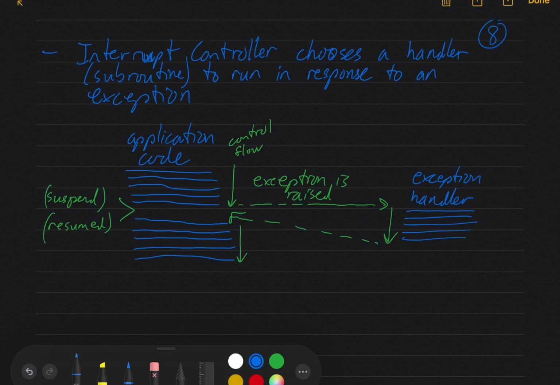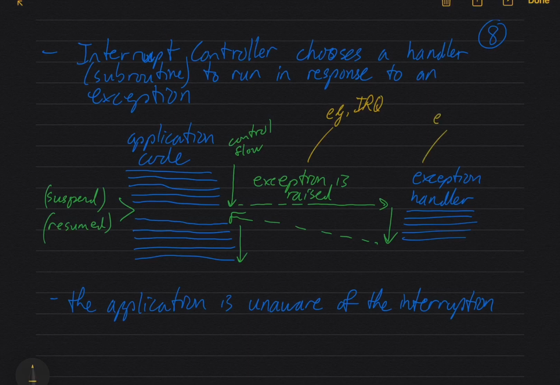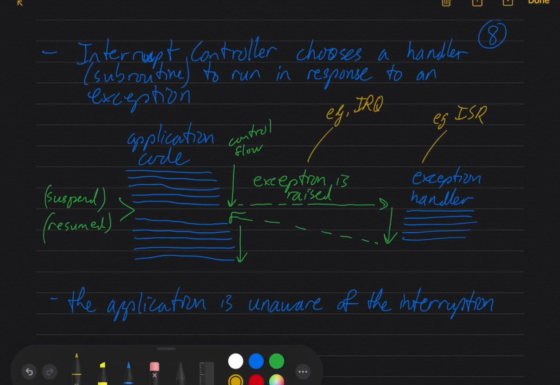So let's just write that down. The application is unaware of the interruption. An example of an exception being raised would be an interrupt request from an I.O. device, and an example of an exception handler would be an interrupt service routine.